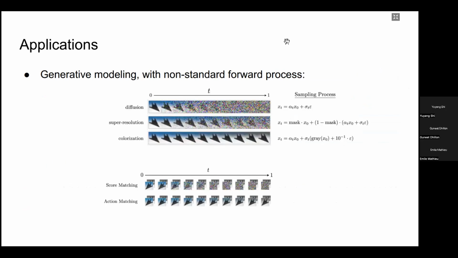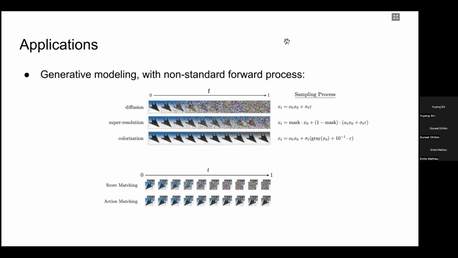The authors propose some applications, just to lay the groundwork, in generative modeling in particular, where you can relax the forward process to things that you can customize. They consider, for instance, diffusion, which is a standard sampling process. But you can also do something like super resolution, where I think for each patch you append some noise.